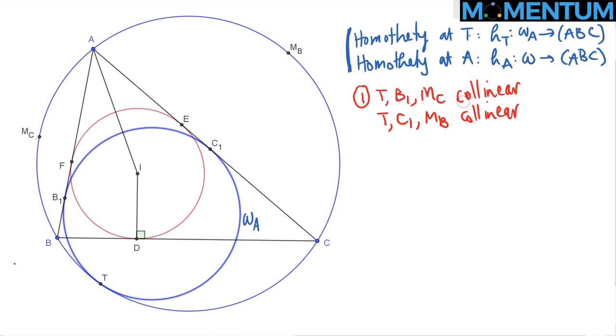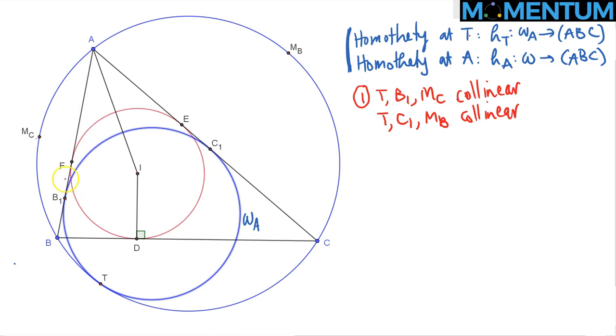And the reason is that we simply focus on the homothety centered at T, which maps the mixtilinear incircle to the circumcircle. The tangent line at B1 to the mixtilinear incircle is segment AB.